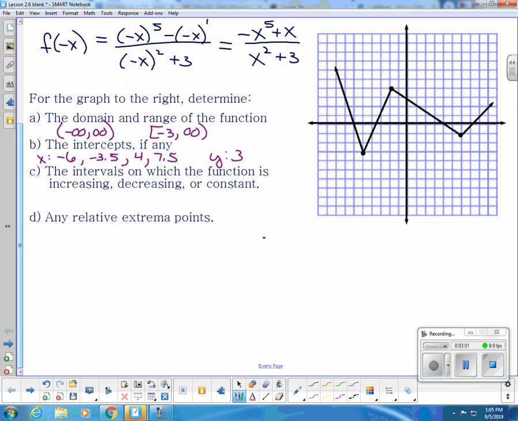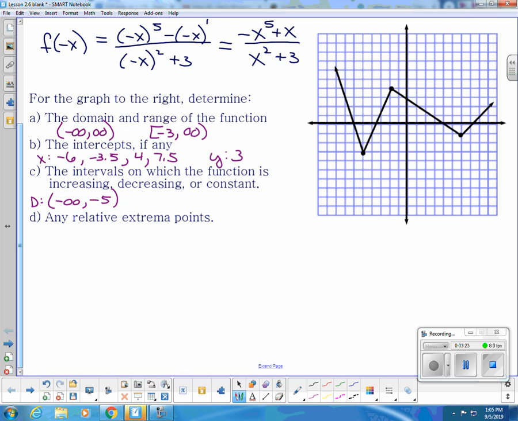Where is it going, up or down or sideways? Do we have any constants? No constants. All right, so we're going to start decreasing first. So what do we got? 2, negative 5. Remember, we're only dealing with x's.